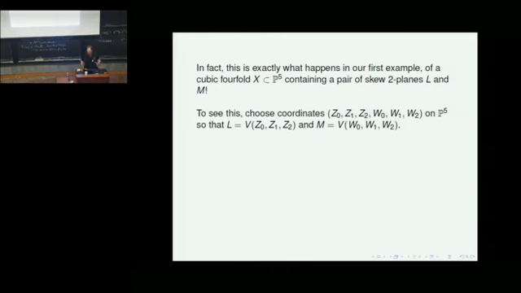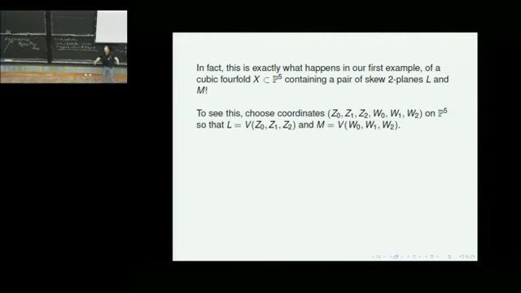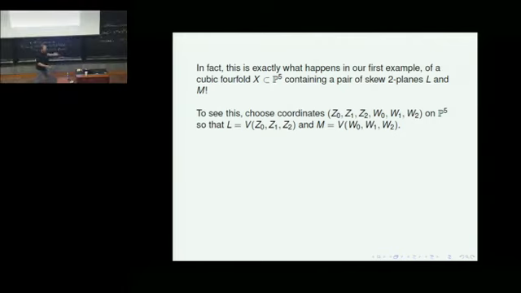And if you want to see what's going on, I want to write it down in coordinates. I want to choose coordinates on P^5 so that the two planes are given by the vanishing of the first 3 coordinates and the second 3 coordinates. And then I want to write my cubic polynomial, the one that defines the cubic fourfold, in those 6 variables as a sum of bihomogeneous terms.